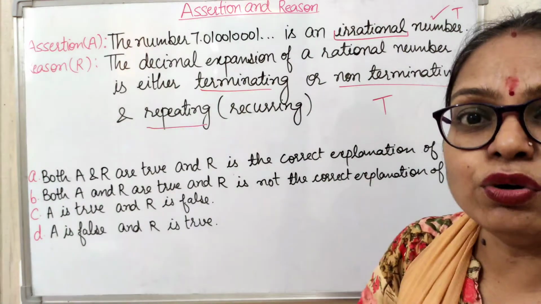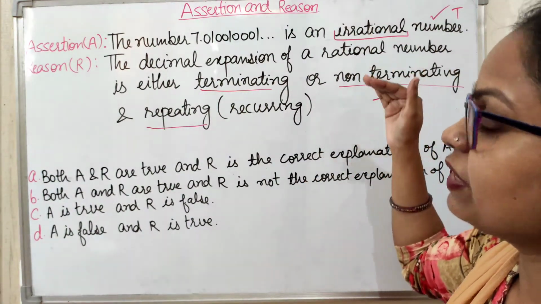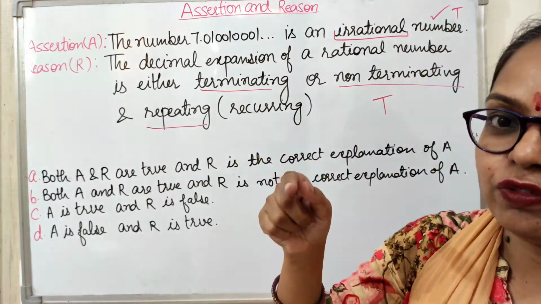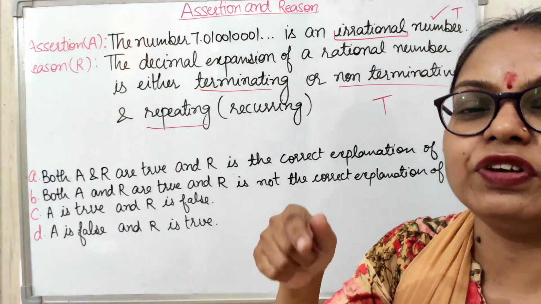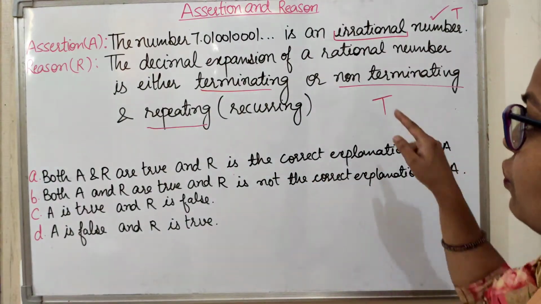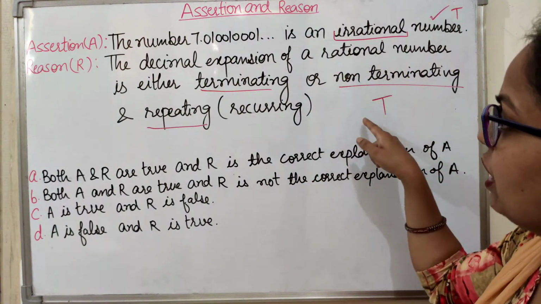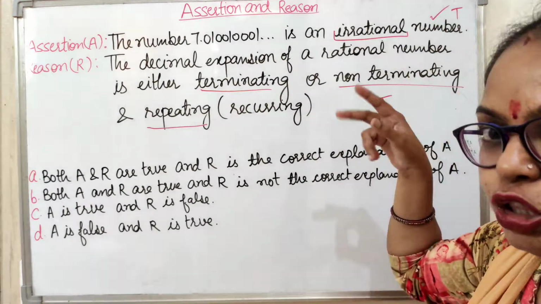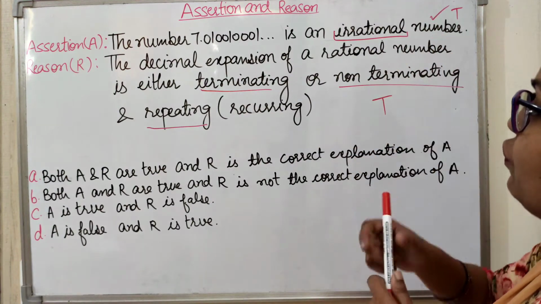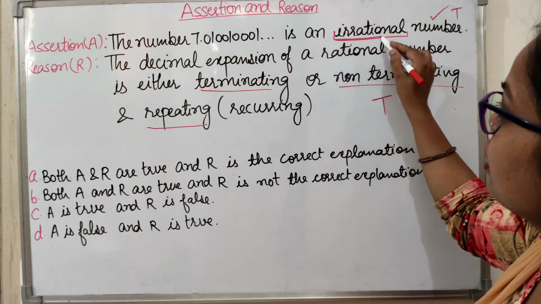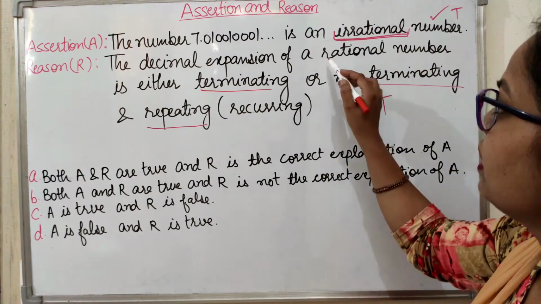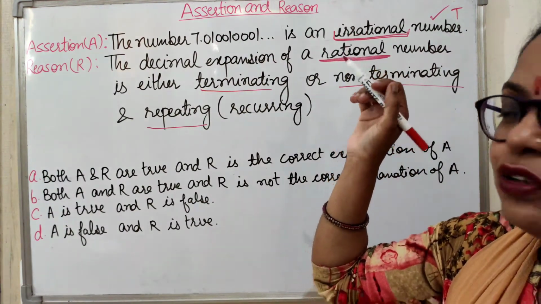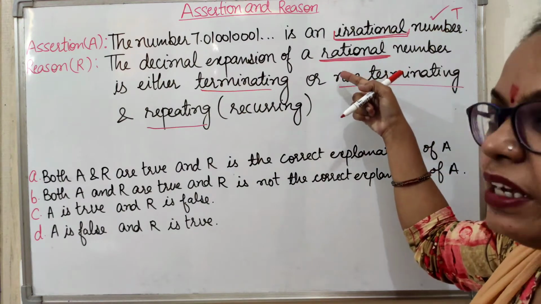If you don't know about the decimal expansion of rational and irrational numbers, you may check my video, whose link I will give in the description box, right? Both are true, but here they are talking about an irrational number, and here it is about rational numbers.